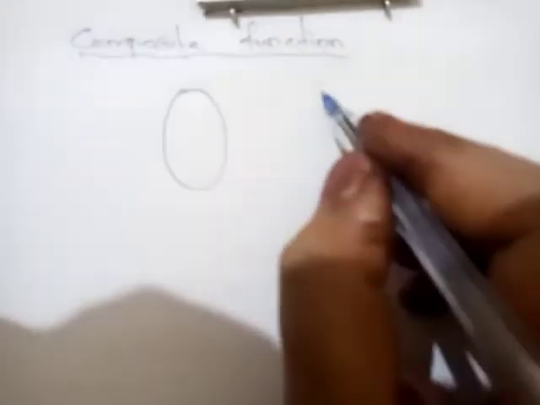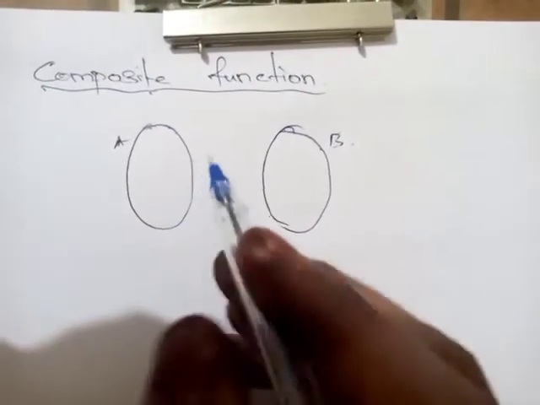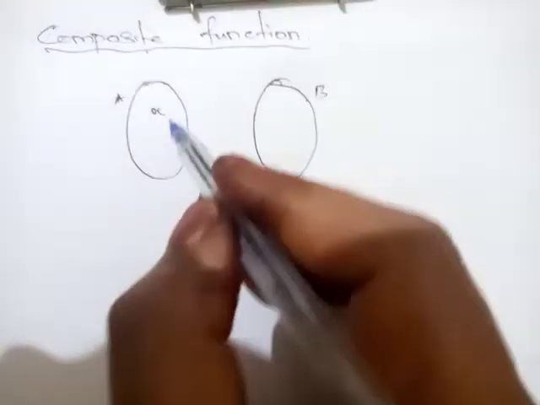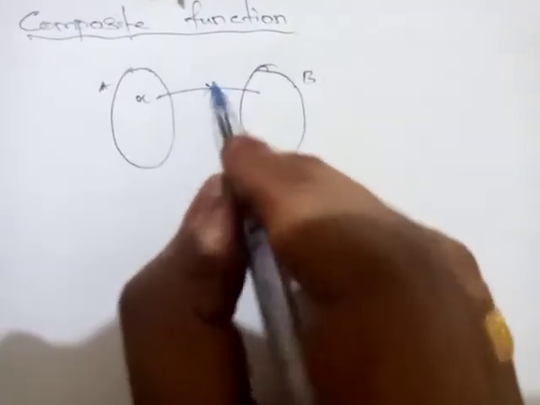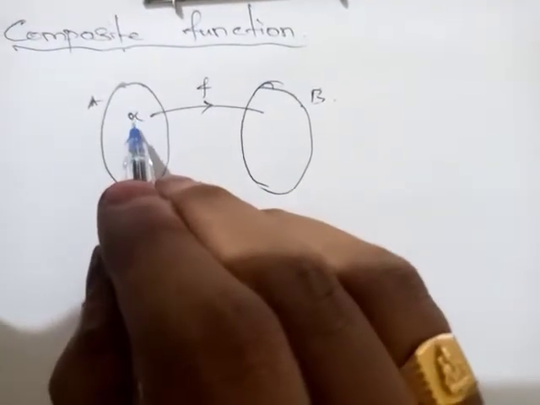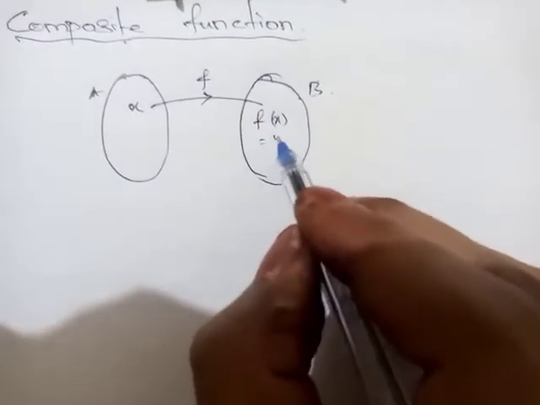Our next topic is composite function. Consider two sets, set A and set B. I am taking one element x in set A. From set A to set B, we are assigning a function f. If we apply x in this function, we get f of x, or we can say this value is y.